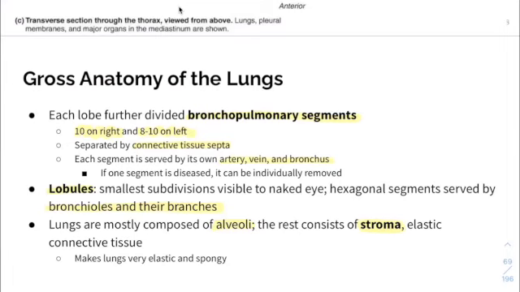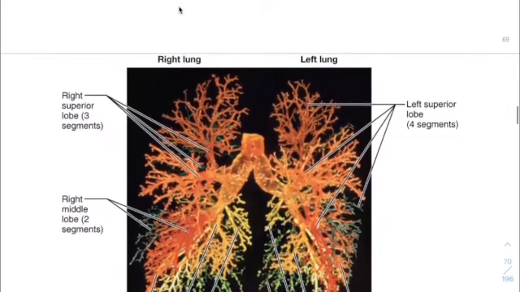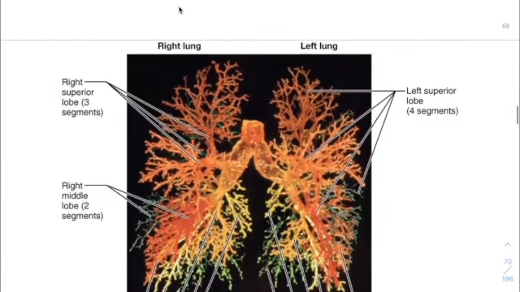Those lungs, you can feel them, they're kind of spongy. That's because of that elastic connective tissue. So here's a really nice electron micrograph of the lungs.